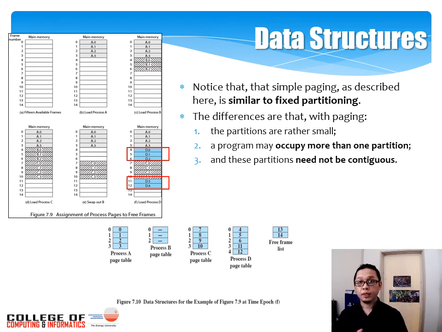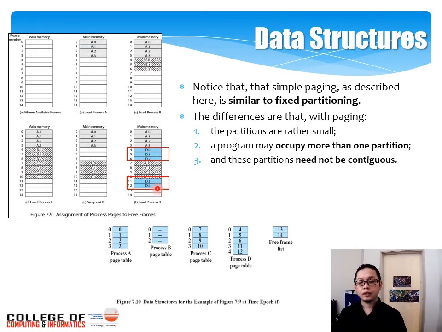Because it's divided into pages, it can use available spaces that are not continuous. For example, process D can be accommodated in locations 4, 5, 6, and 11, 12. It doesn't have to be continuous, and this is an advantage because realistically, you will not have a continuous block of memory to be used.